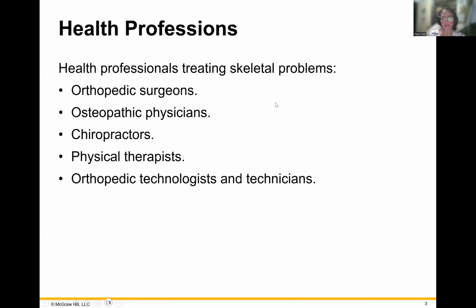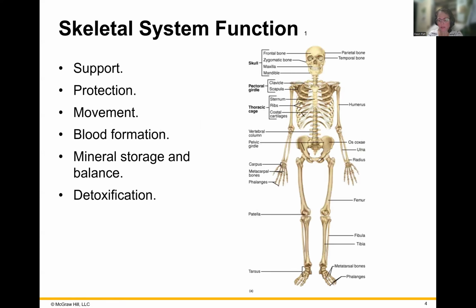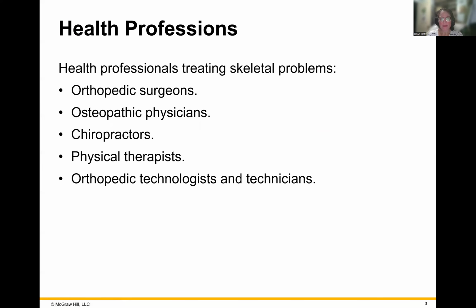Functions of the skeletal system. This skeletal system in your book starts on page 461. And on page 462, you can see the different health professions that treat skeletal systems, all different kinds, from surgeons to physical therapists to chiropractors.